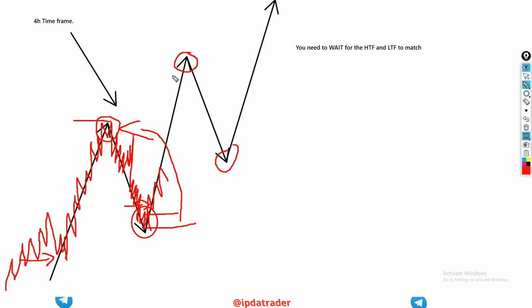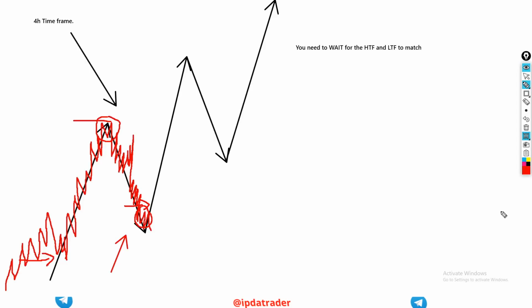So yeah, that's in regards to structure, and do not worry, I will be giving chart examples in a second, but I hope that was clear and you can understand it. Your job within this strategy is to try and catch the ending of the retracement within the higher time frame so that you can resume with the higher time frame expansions.